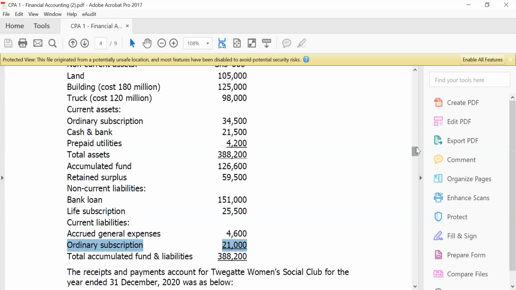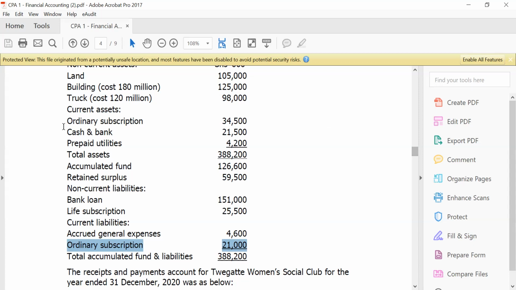If you're running a non-for-profit and members pay subscriptions in advance, those are regarded as liabilities, because it's only after they have been utilized that we recognize them as income. If somebody pays subscription for the next 3 years, yet they were only supposed to pay for a single year, then they only take off the one for the year, and the balance is taken as subscriptions received in advance, and these are recorded under your current liabilities, especially when they are going to be recouped within 1 year.